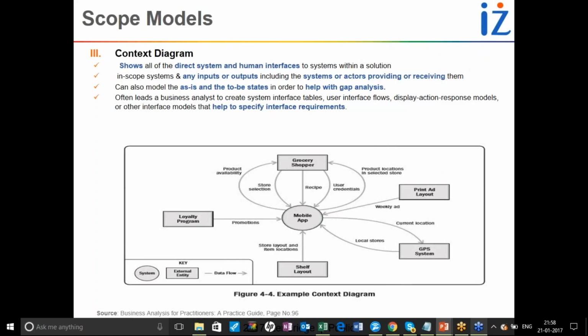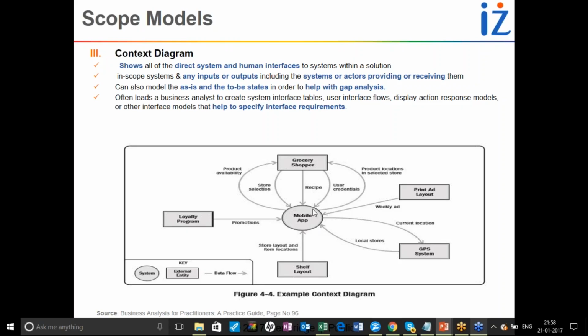The context diagram. Here the objective is the same as the ecosystem map. The difference is that you are only concerned about the direct systems which are relevant to the solution you are developing. You are developing a mobile app, this is the center, and this is represented.